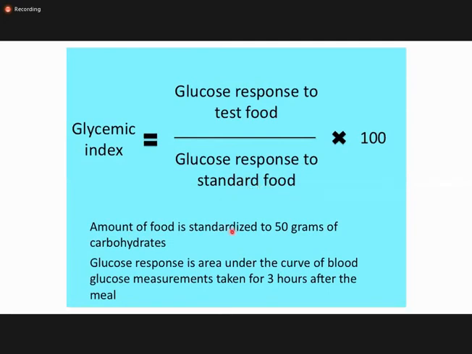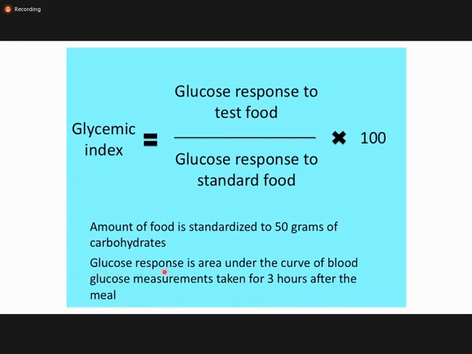That is standardized. Then we multiply with 100. This is a calculation which is easily done, but the most appropriate way of finding out the glycemic index is to plot a graph and then take a ratio.